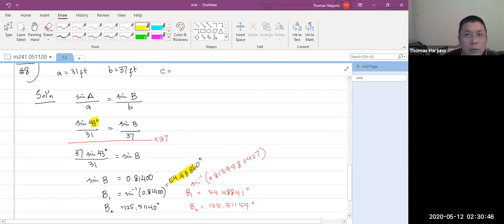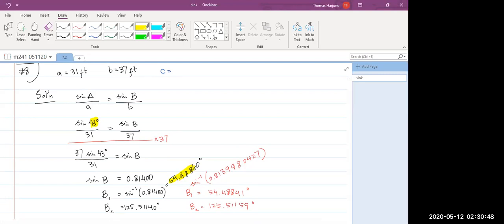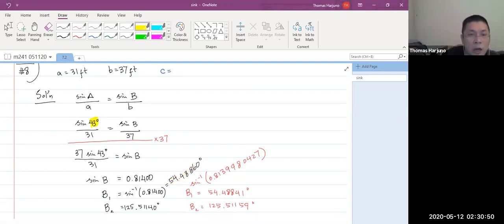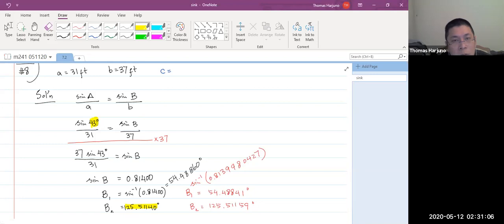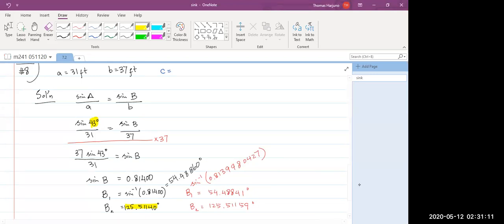Another one you need to check is what happened with the second angle. When you add B2 and angle A, is it more than 180 degrees? Just do it visually. It's still less than 180, right?